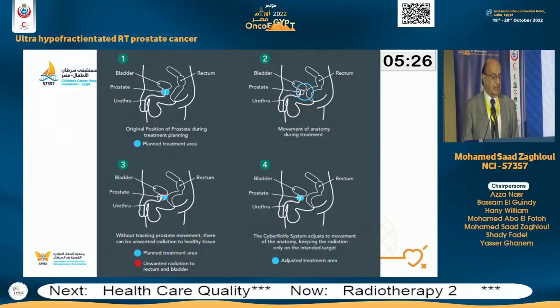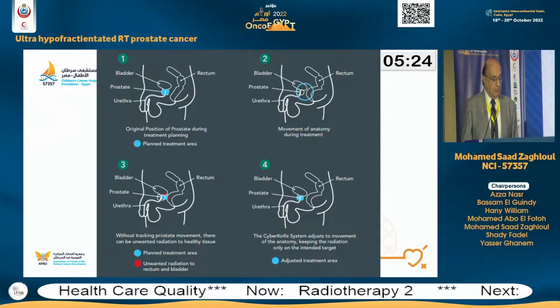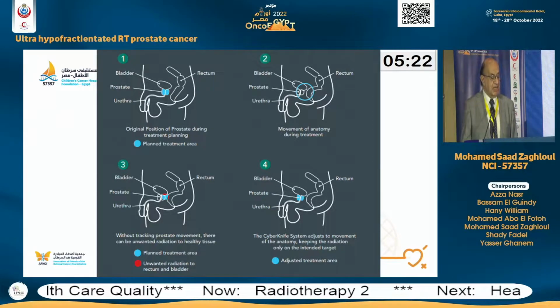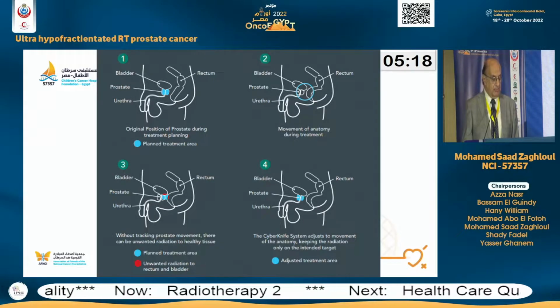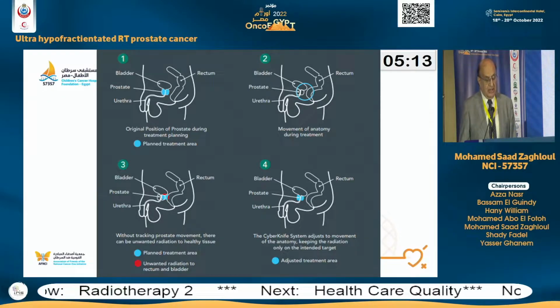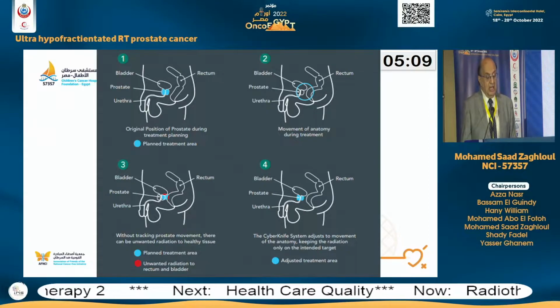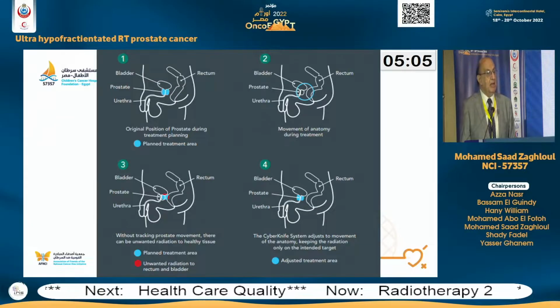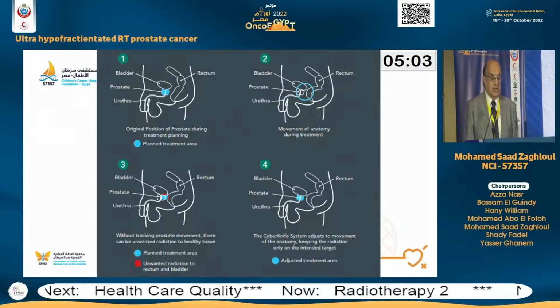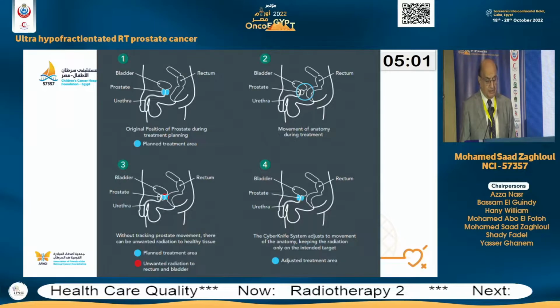With SBRT, we have much less irradiation of the bowel, bladder, and the rectum. While with the CyberKnife, in cartoon number 4, you can find that there is almost nil irradiation of the surrounding tissue.